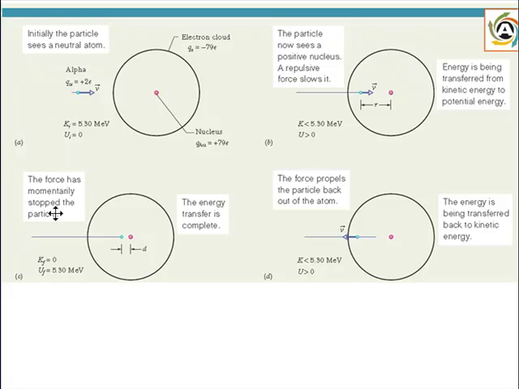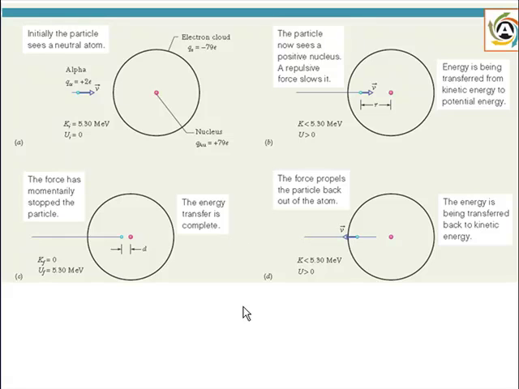Eventually, if it's on a dead-on collision course, it'll get to the point that all of that energy is potential energy, and none of it is left in kinetic energy. Then, as it is pushed back, that potential energy is retransferred back to kinetic energy, which shoots the alpha particle back out.